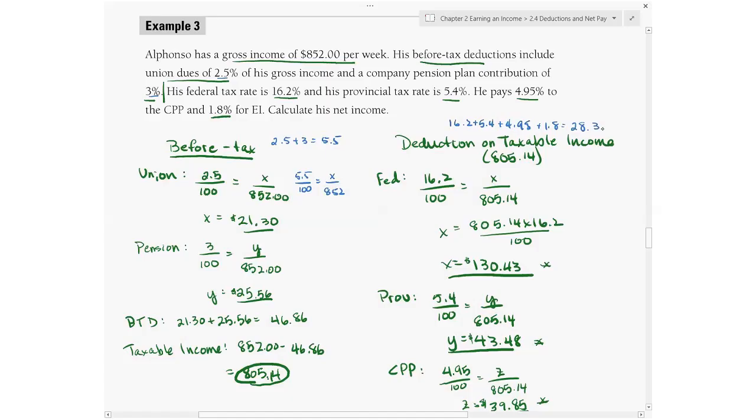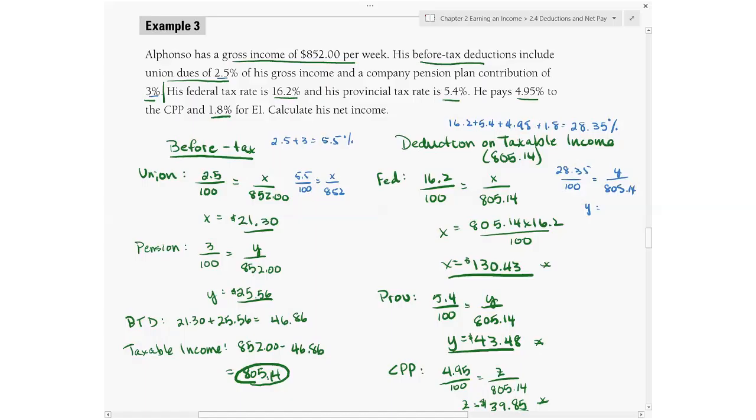So this is percent on his deductions on his taxable income. So you could have just done the 28.35 over 100 equals y over 805.14. Figured out what that is equal to and subtracted off the 805.14. You could have done that. That would have been perfectly acceptable. Like I say, it could be off by a couple of cents in the end, not going to be significant.